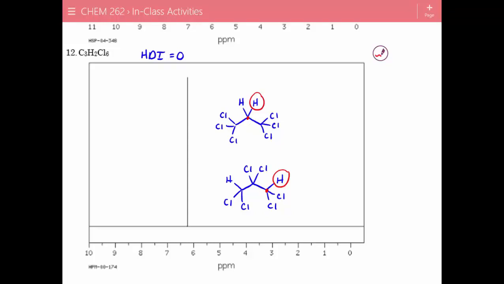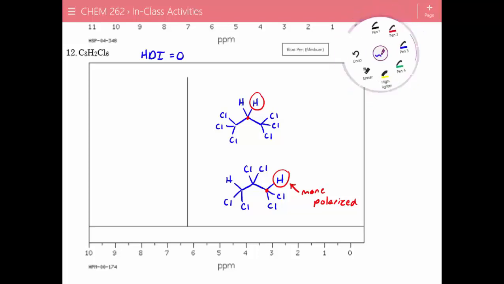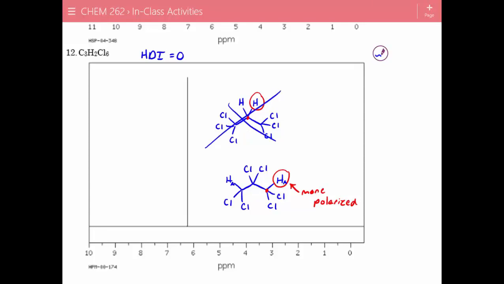In this one, it's attached to 2 trichloromethyl groups. And in this case, this one is actually more polarized than the one on the top, which means that this one is probably the better candidate for the NMR that we have drawn there. Although this is a pretty hard problem, and I'll say this one will be HA. So it's a pretty tricky problem.